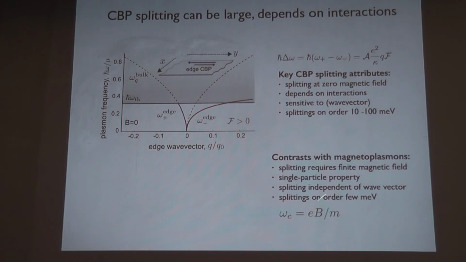Magnetoplasmons have a purely single particle splitting, which does not depend on the q wave vector, does not depend on the interaction parameter, and needs a finite magnetic field. And the splitting is of order a few meV for fairly reasonable magnetic fields. And here, without the magnetic field, you get fairly large splittings already. So there's a big difference already, as you can see, between the Berry plasmons and magnetoplasmons.